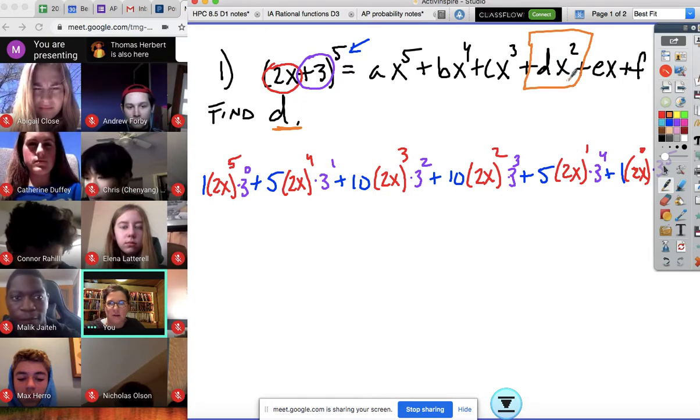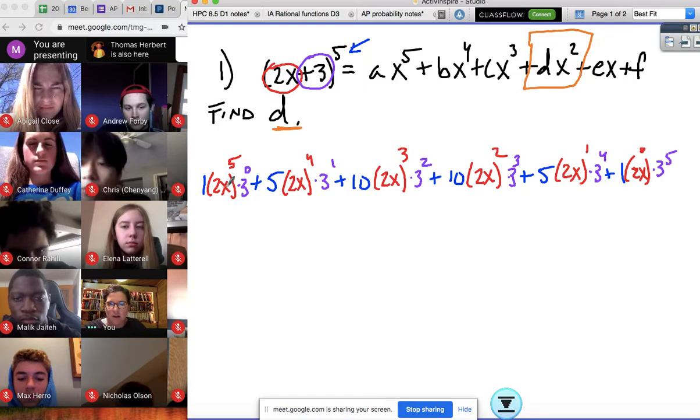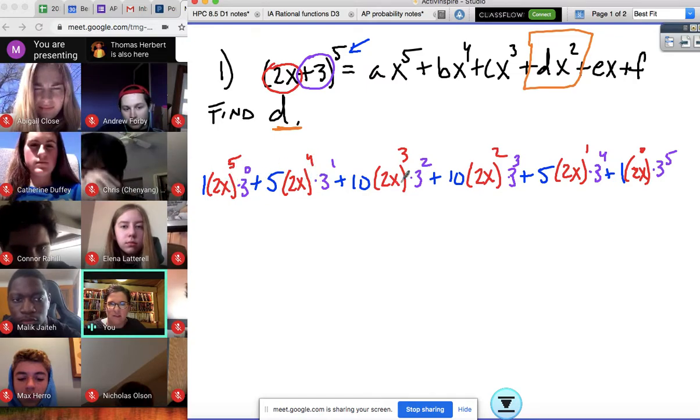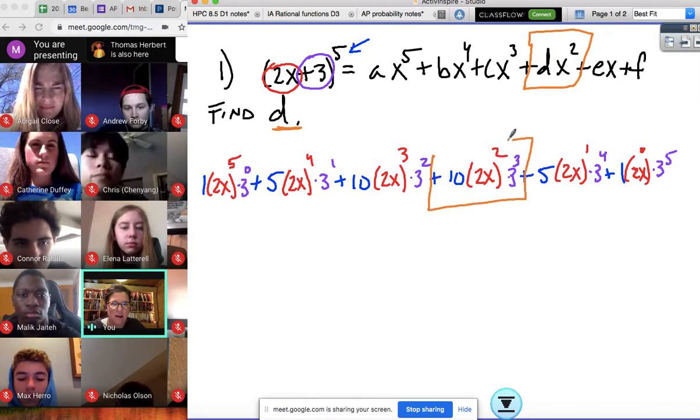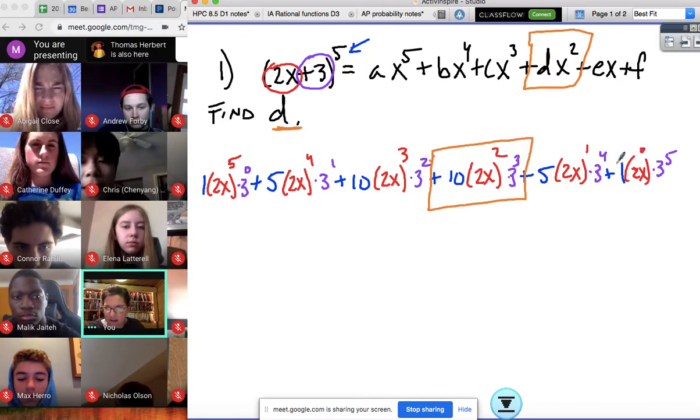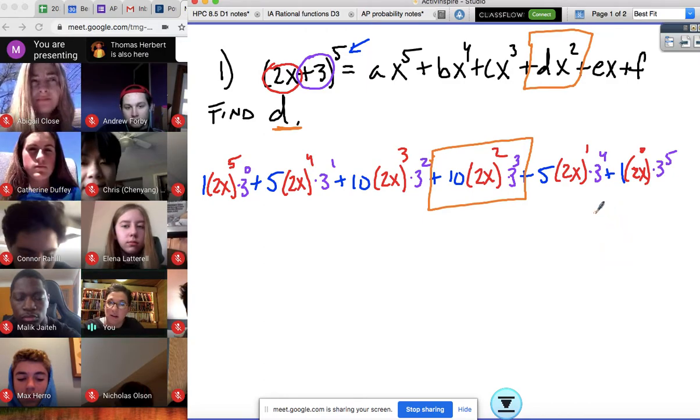So that's the term that is involving the x squared. Of all of these, this will be an x to the 5th, x to the 4th, x to the 3rd. Here's the x squared term. That's the one we care about. We don't care about any of the other ones, so I'm not even going to bother simplifying the whole thing. I mean, you could, but you don't need to.